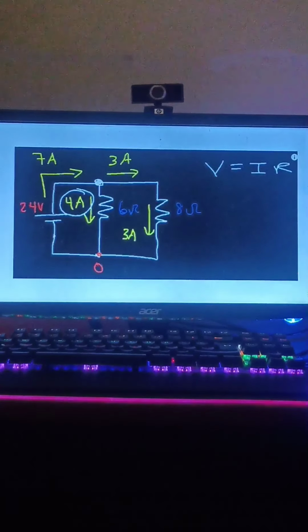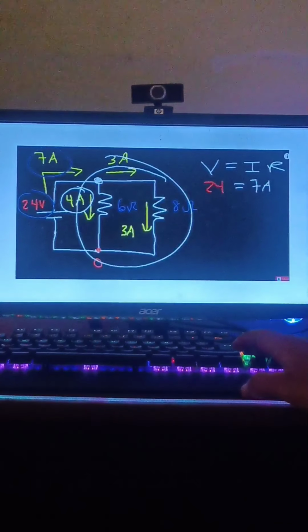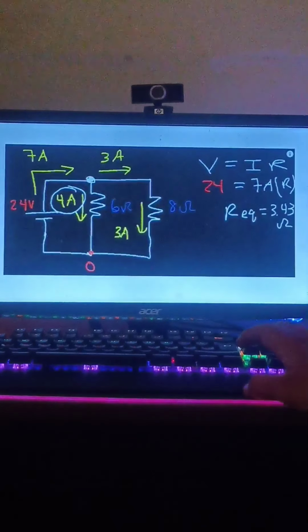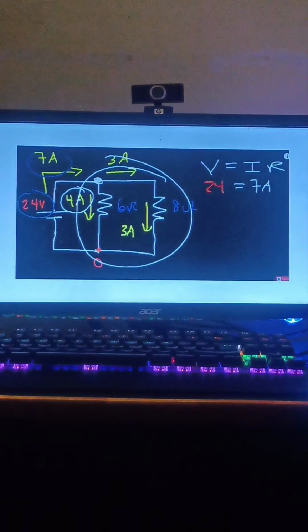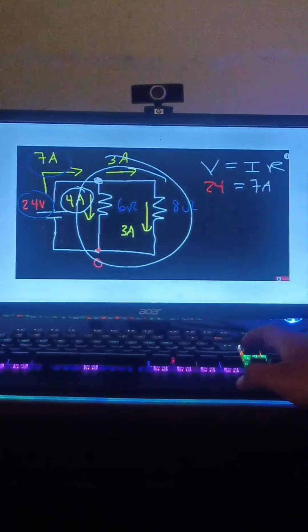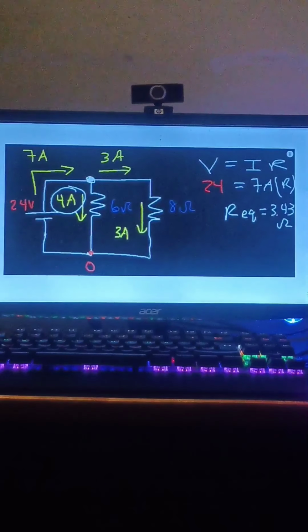Okay, so after we get the total current, we need to find the total resistance or the equivalent resistance. So, the formula is, in Ohm's law again, I equals V over R. So, our voltage is 24 divided by our current, 24 divided by 7. We get the total resistance of 3.43 ohms.